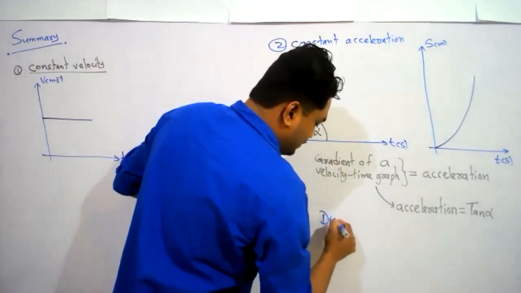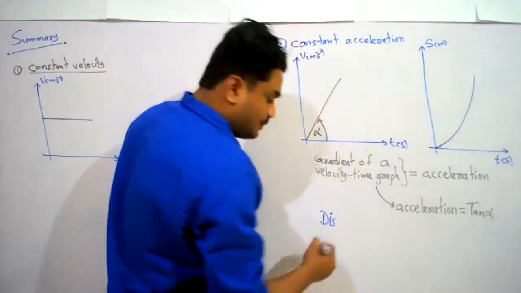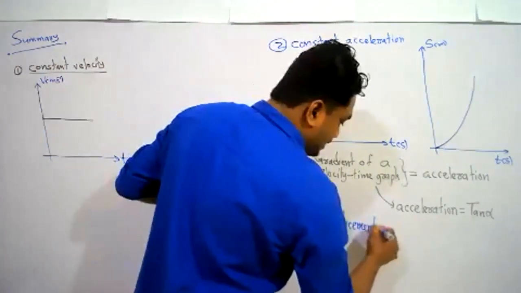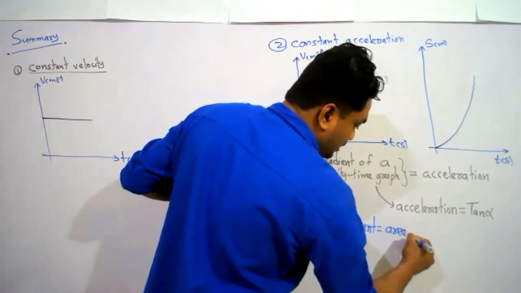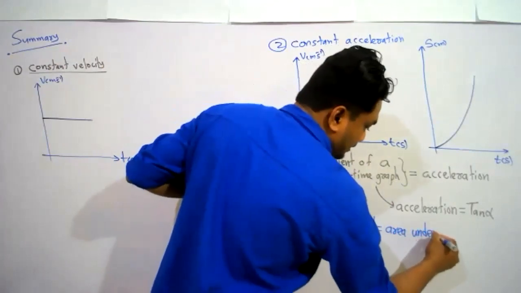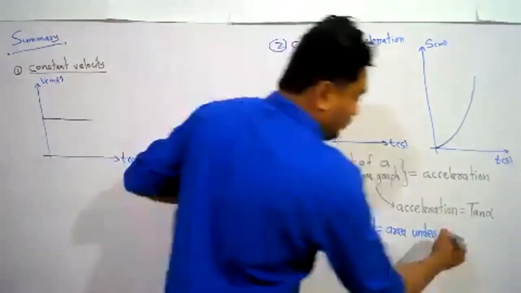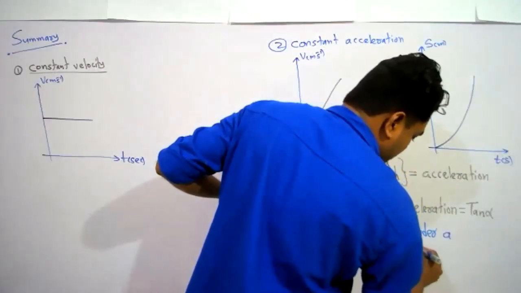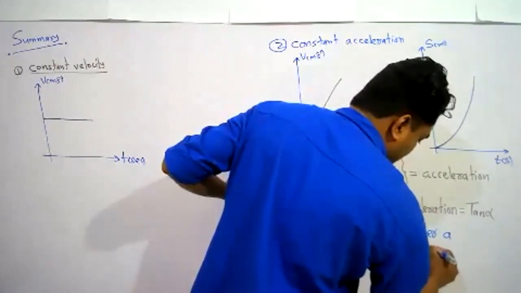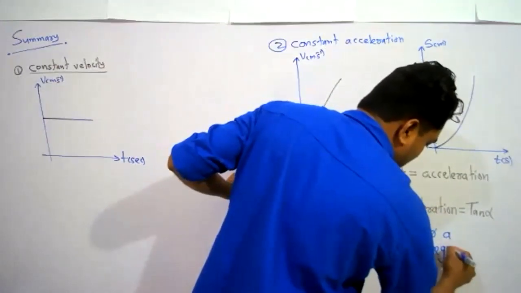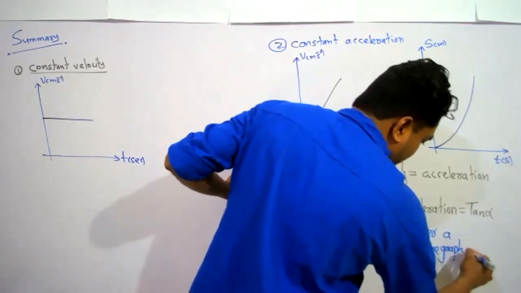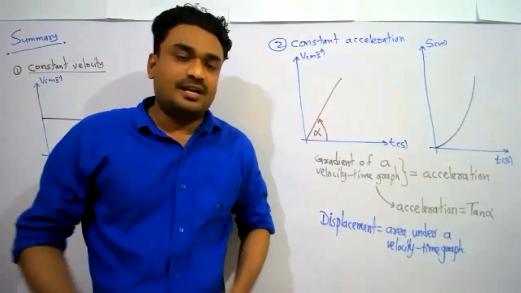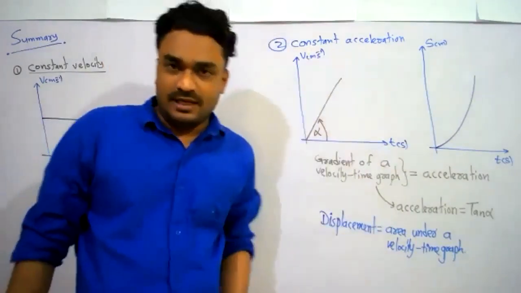So displacement equals area under a velocity time graph. Displacement is area under the velocity time graph. That's it. Complete this note.